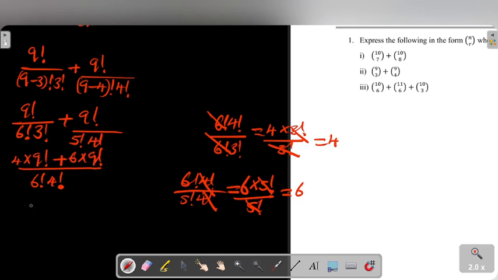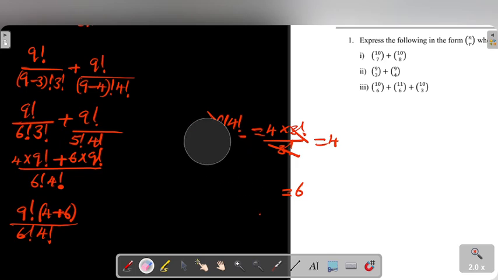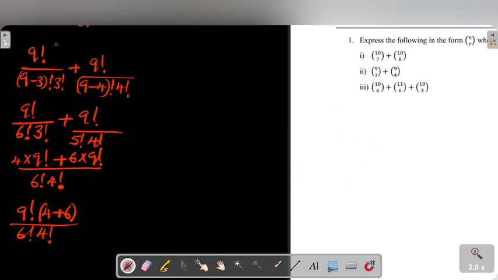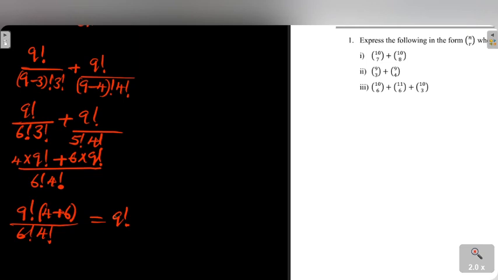So on top we can see 9 factorial is common. So we'll factor out 9 factorial. Then we remain with 4 plus 6 over 6 factorial 4 factorial. Now from this point, we have 9 factorial times 4 plus 6, that's a 10, over 6 factorial 4 factorial.